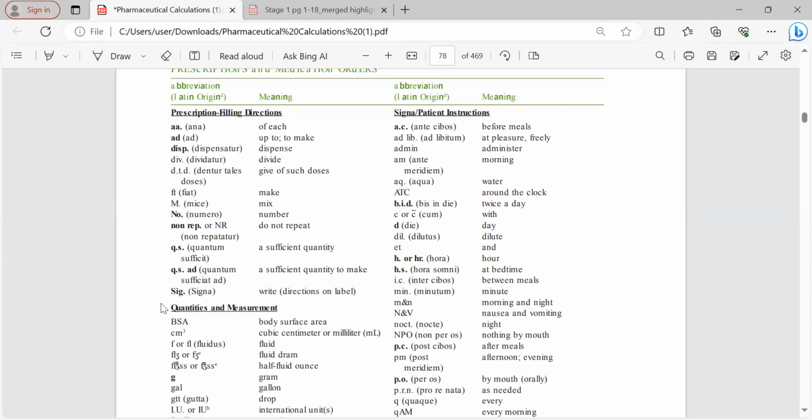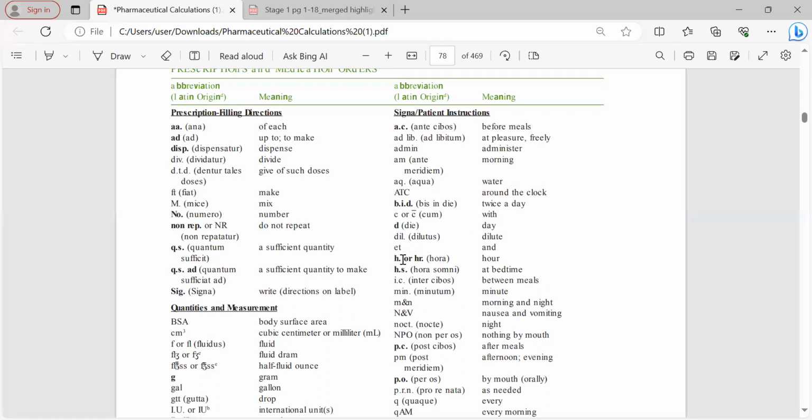Then on this other side, AC is important, the one for before meals. So if a prescription says you take something AC, it means before meals. BID or BD is twice a day. Then some will just use D for every day.